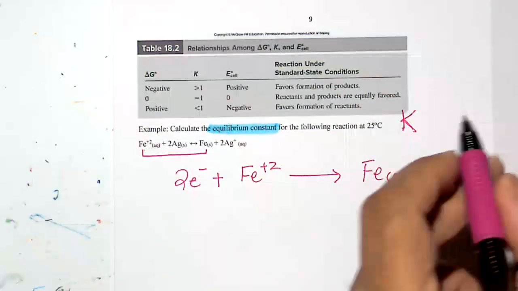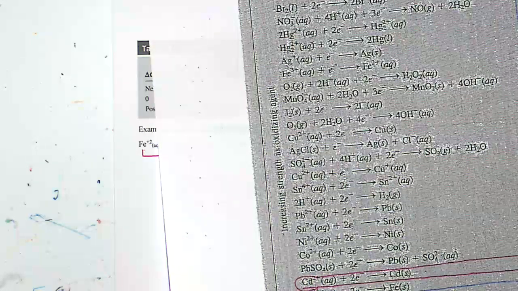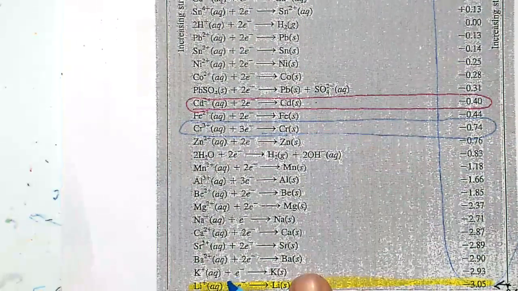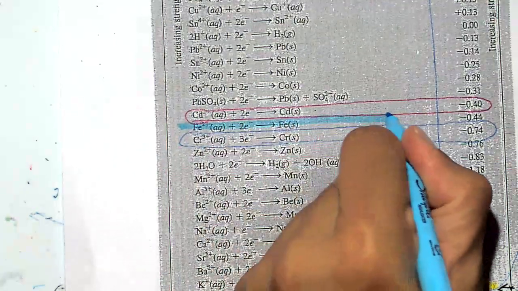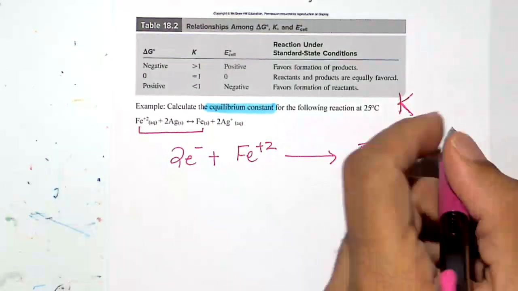Is this cathode or anode? Reduction, so we're going to use this table here. And what is it for Fe plus 2? Negative 44? Okay, thank you, Mike. Here it is. So this is E cathode, negative 0.44.